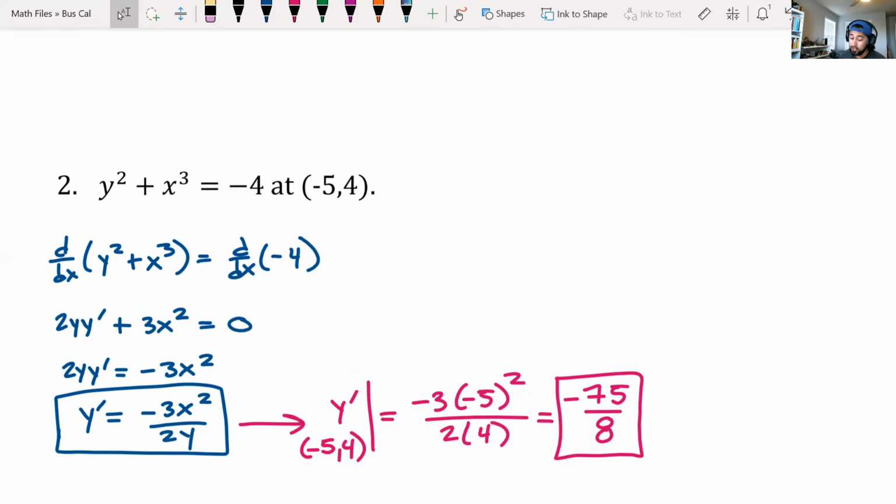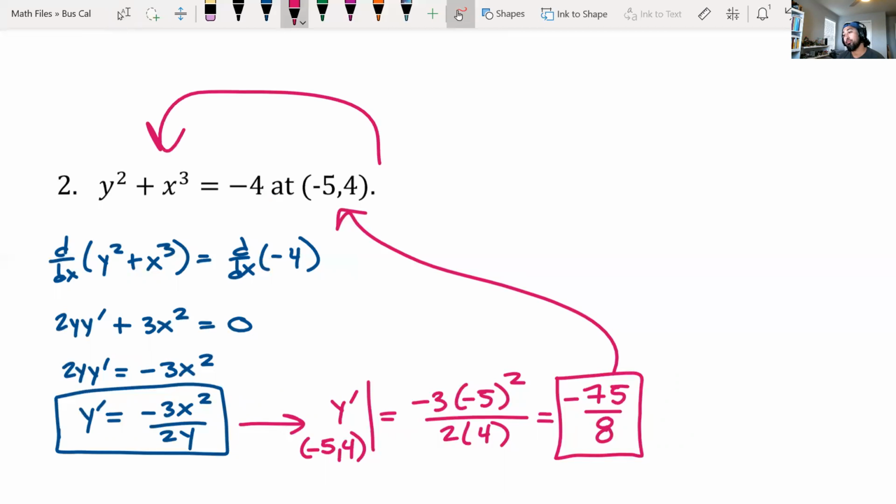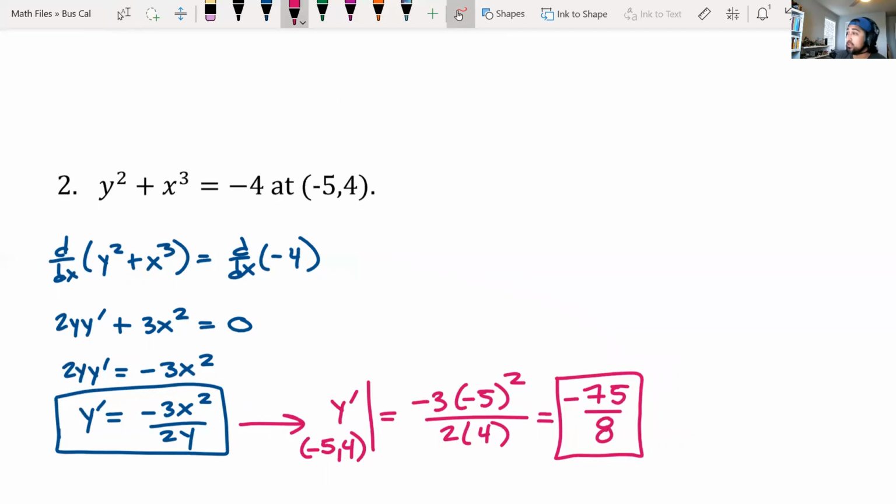No. So remember, that would be the slope at one point. There you go. So this is the slope at this point for this implicit function. Okay. And again, the reason we're using implicit is so we don't have to rearrange this equation and solve for y. So implicit makes the derivative a lot easier because we don't have to rearrange anything.